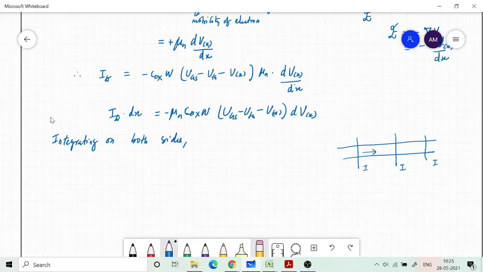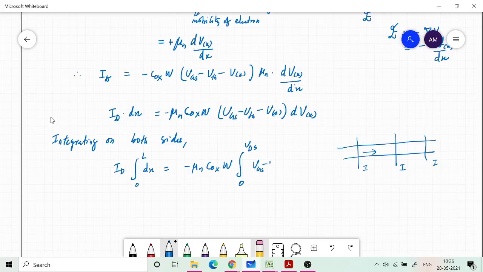With respect to x, ID doesn't change, and therefore when you integrate, you can take ID outside, and you are integrating from 0 to L dx, and then similarly minus mu n Cox W, then here VGS minus VTH into dV of x, where the voltage is going to change from 0 to VDS.